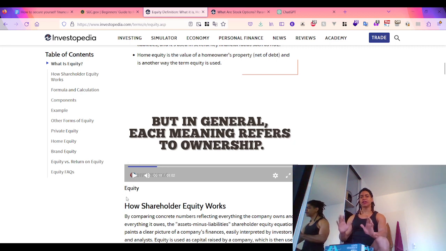So the TLDR: it means ownership after you deduct liabilities for that given asset.